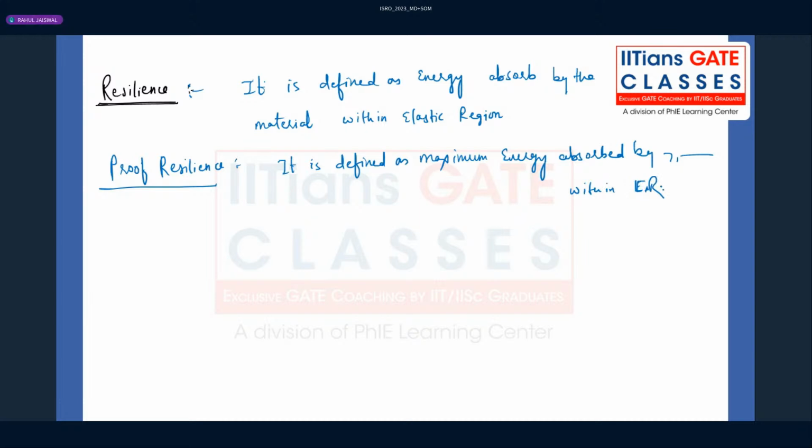That means if somebody asks you how to calculate proof resilience, you have to say the area under the P versus delta curve up to the elastic limit.